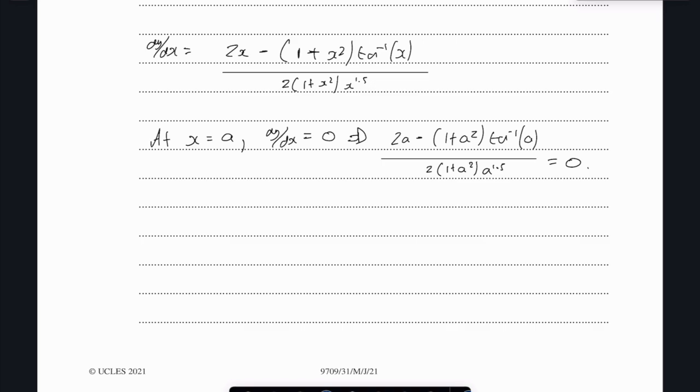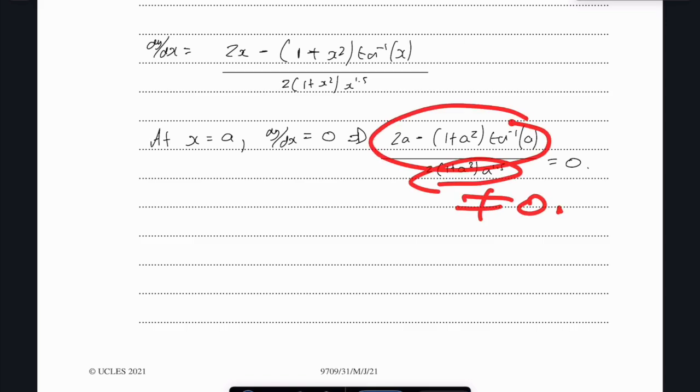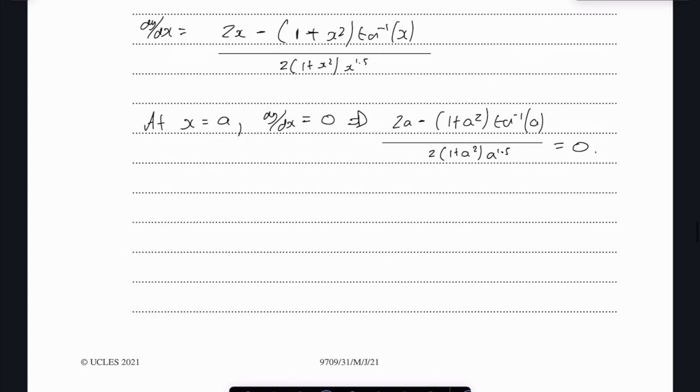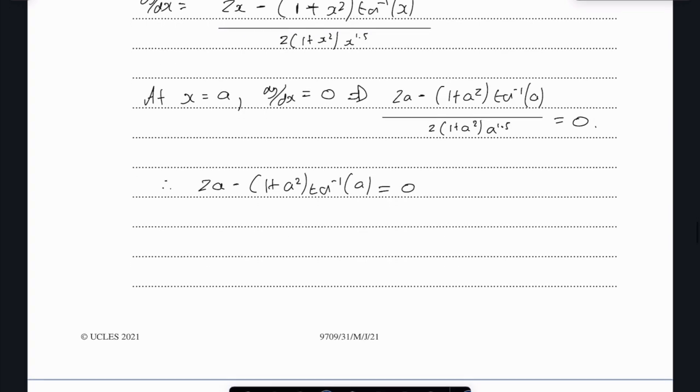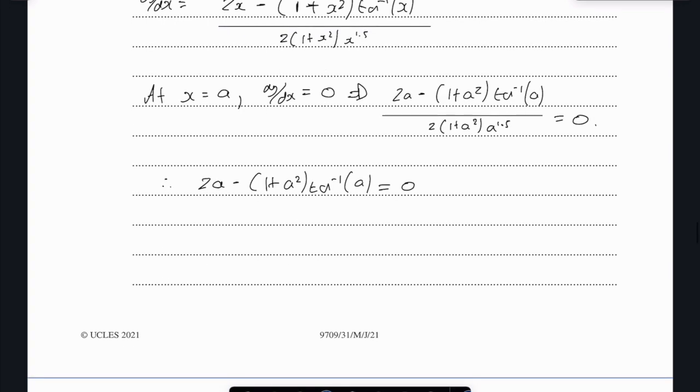Well, what that means is that this can't equal 0, but this can. So therefore, 2a minus 1 plus a squared arctan a is equal to 0. So I can say then that 1 plus a squared arctan a is equal to 2a.